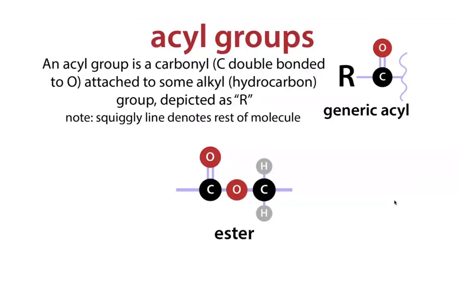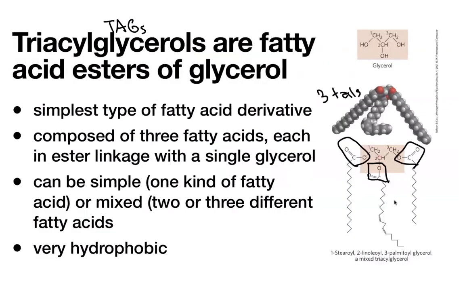Remember that an ester is just a carbonyl carbon next to an oxygen next to another carbon. We call this a triacylglycerol because when you have a carbonyl carbon attached to something, we call that an acyl. So you have these 3 acyls attached to your glycerol.